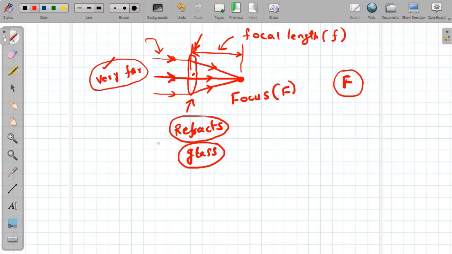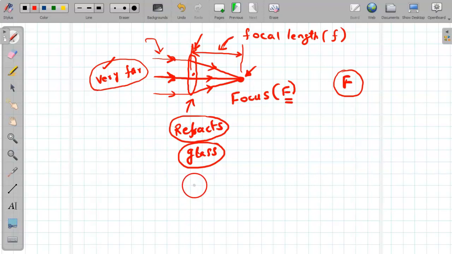So the light rays are refracted and meet at a point. The meeting point is called the principal focus, and we give it the letter capital F. The length between the principal focus and the optic center is called the focal length. So this is the basic thing.